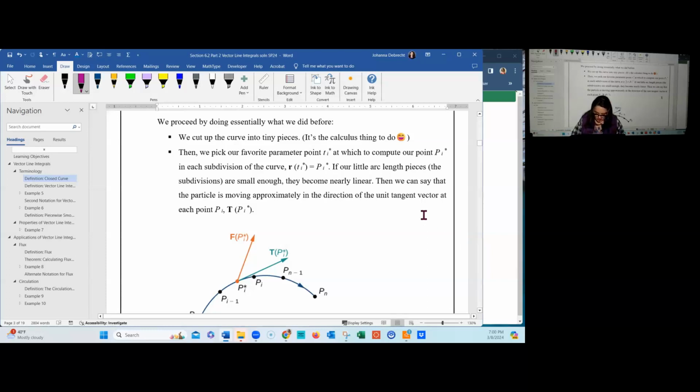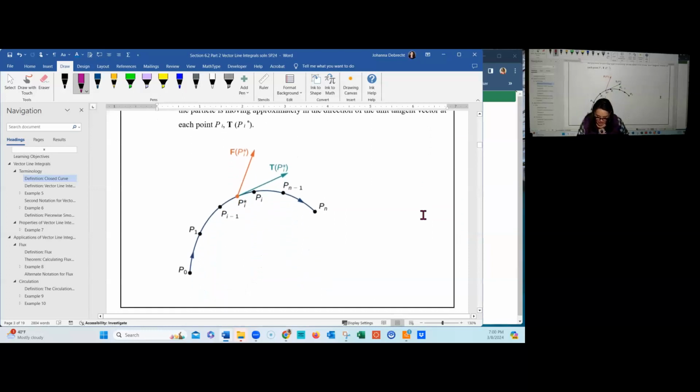Let's take a look now at this picture and imagine that we made an even smaller division. What we're saying is if you make the division small enough, it becomes so nearly linear that you're practically moving in the direction of the unit tangent vector at the location of P sub I star.